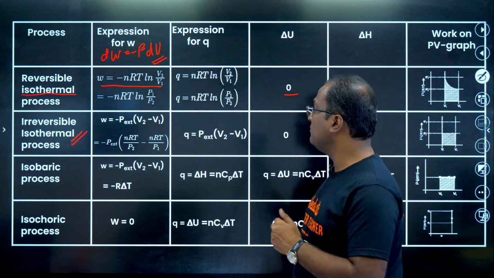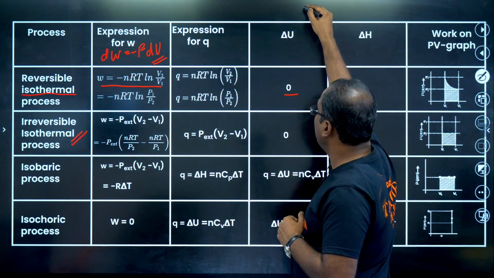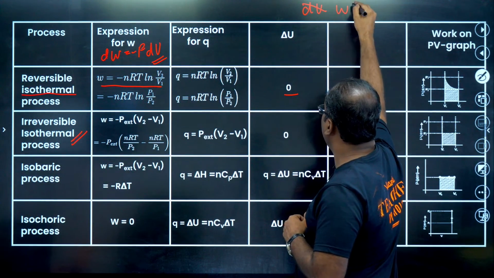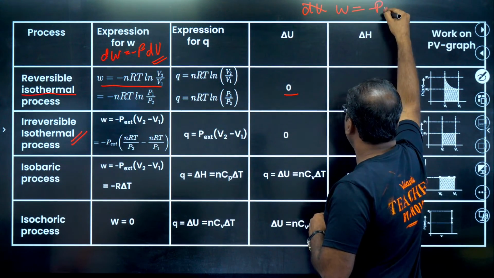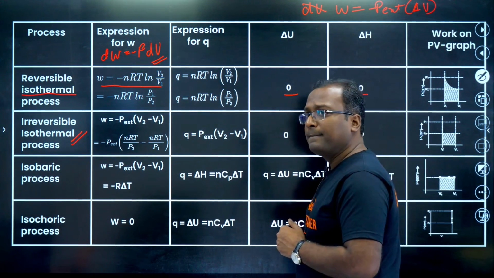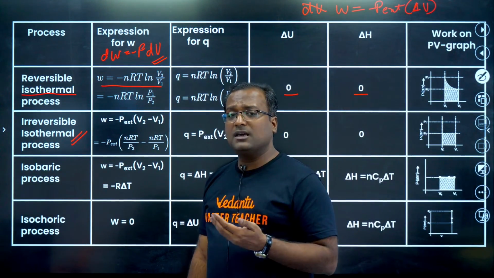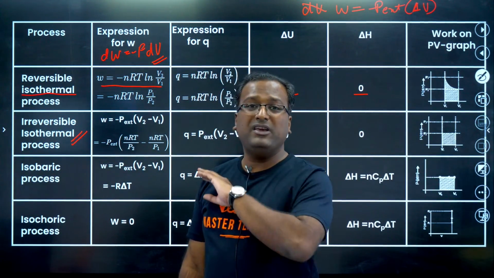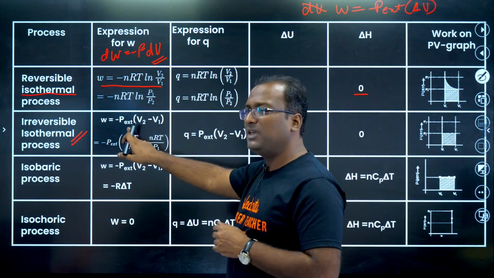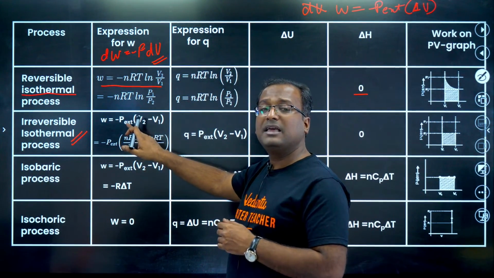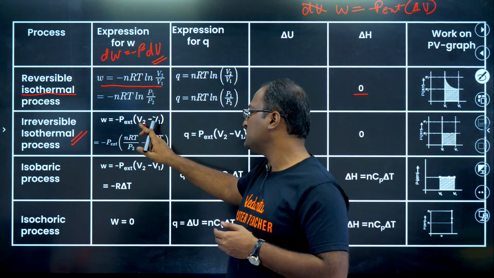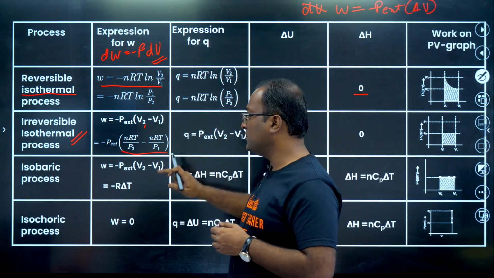When it's irreversible, we always land up using the formula that work done equal to minus P external into delta V. In the reversible case we can integrate, in the irreversible case we can never integrate. So this is the formula that we'll use: minus P external into delta V. Irreversible isothermal, if you want to change P and V into temperature, you can. You will get this equation.